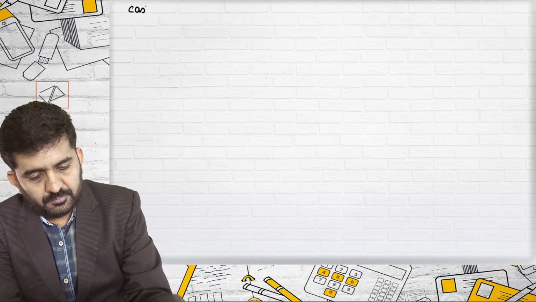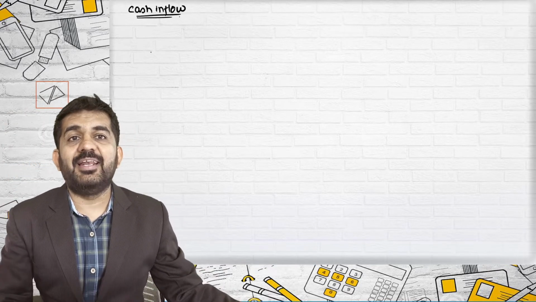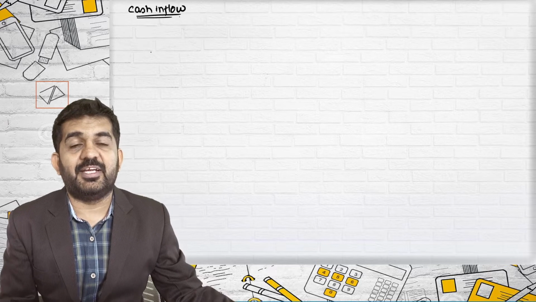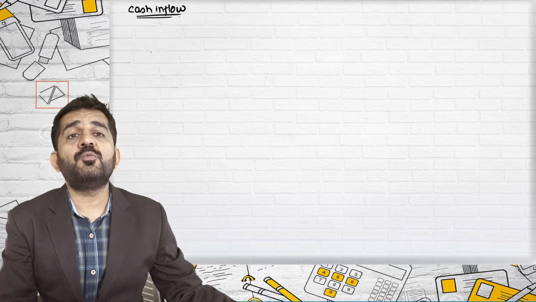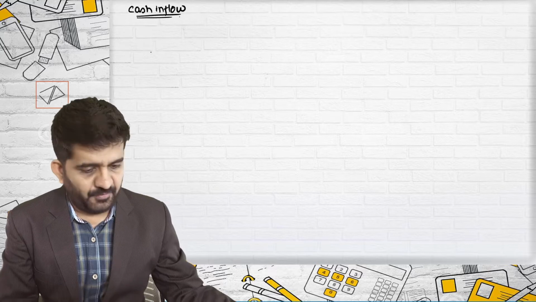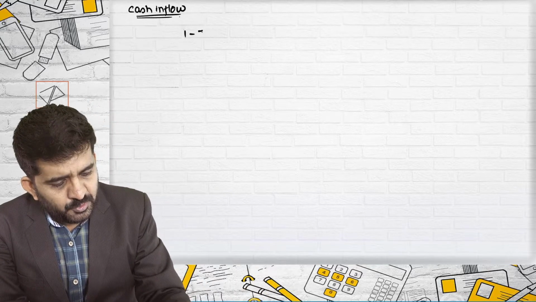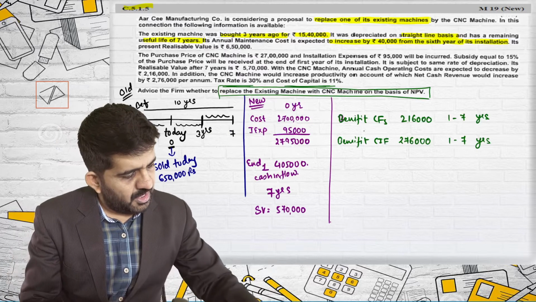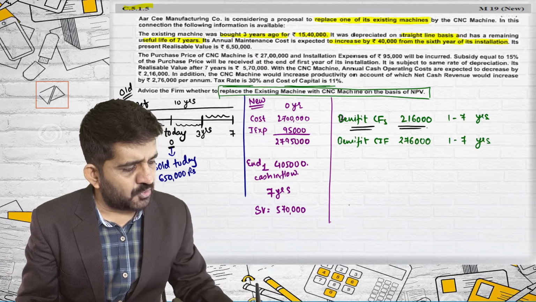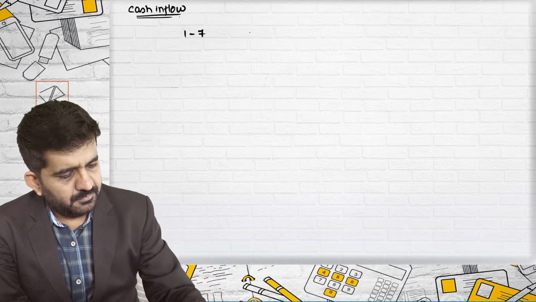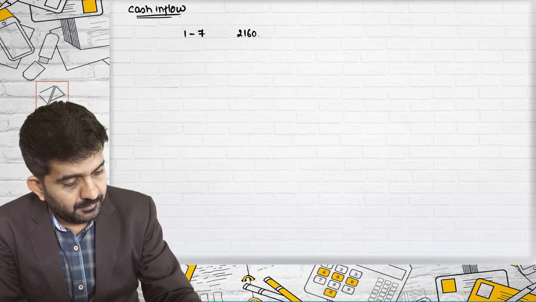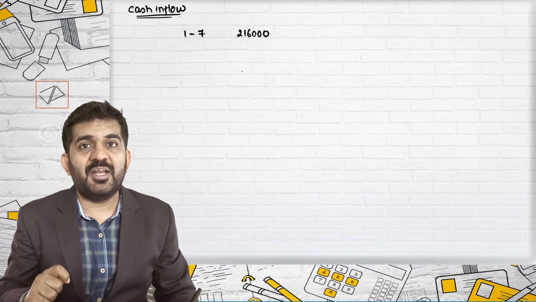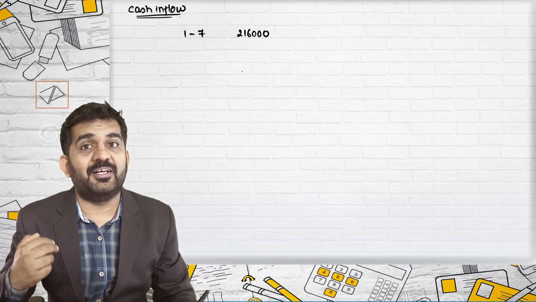Let us think about cash inflow. First, you are getting some direct benefit, then you will be even getting some indirect benefit. Let us first talk about some direct benefits. From 1 to 7 years, I am having benefit of cash flow of 2,16,000. But once you are having a cash benefit, you will have to pay the tax.